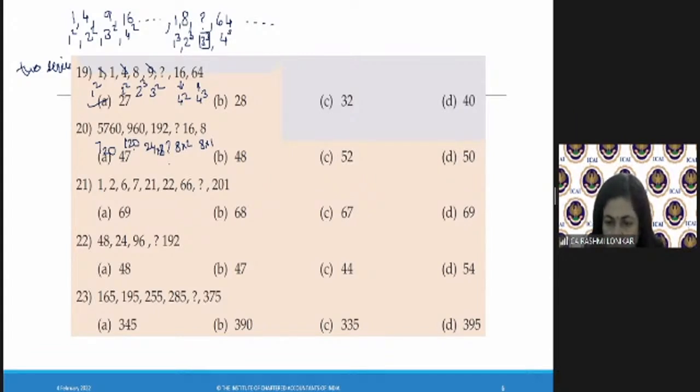Okay. So here I'm trying to show the sum over here. I can even have here 5760 divided by 960 is how much? 6. Then I have 960 divided by 192 is how much? 5. Then 192 divided by x, I don't know.